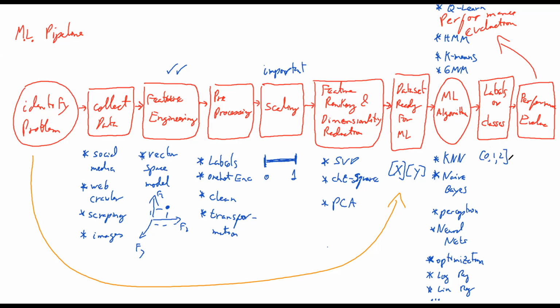But you could also have real valued numbers. Whenever you do linear regression, I want to predict how much you spend of your salary. If it was a labeling problem, I would say big spender, medium spender, small spender, so 3 classes. But if I want to predict the actual number, that's a real valued number.